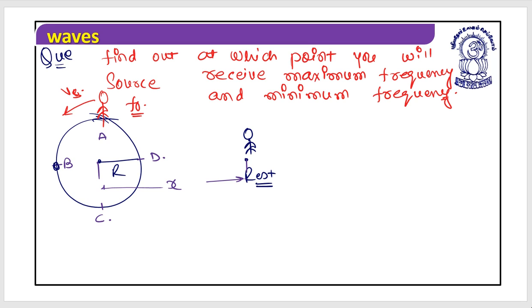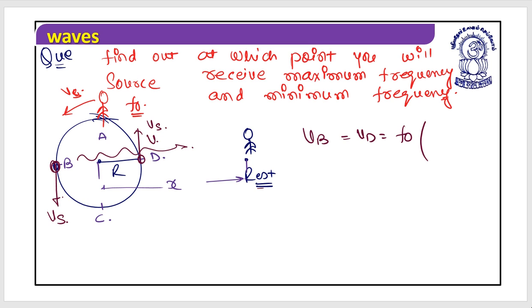First, let's look at this. This is VB, and in the case of VB, it's a motion in this direction. This is the velocity of the source, and this is the velocity of the wave as it is at rest. Same way for VD, it is motion in this direction. So for VB equals VD, f dash is equal to f naught into bracket V, the observer is at rest, so V upon V plus minus Vs cos 90 degree, because these are perpendicular to each other.